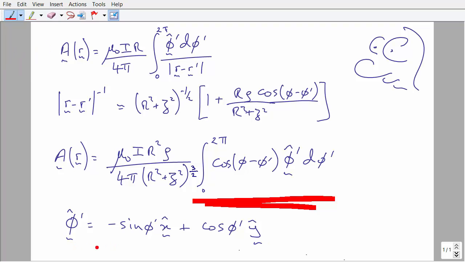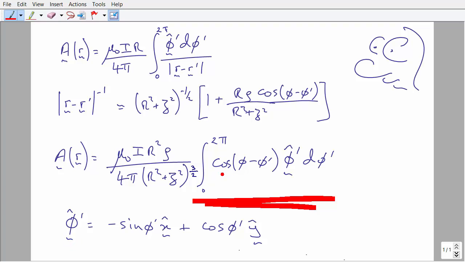Okay, so you will have dealt with expressions like this in the early part of the course, but now you see why it's important for us to label it with a prime. It is the angle phi prime that determines the direction of this vector, which is why I've put the prime here.